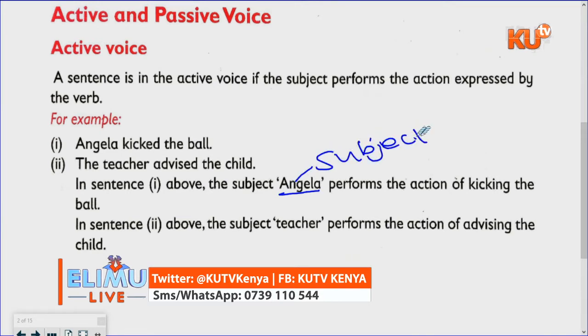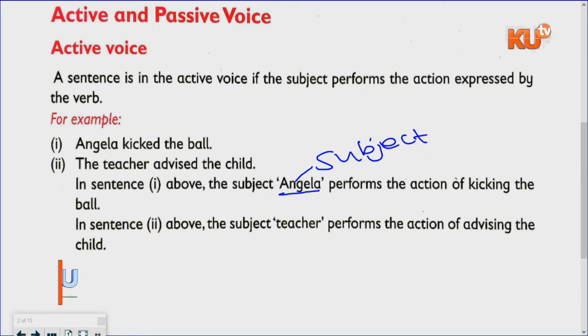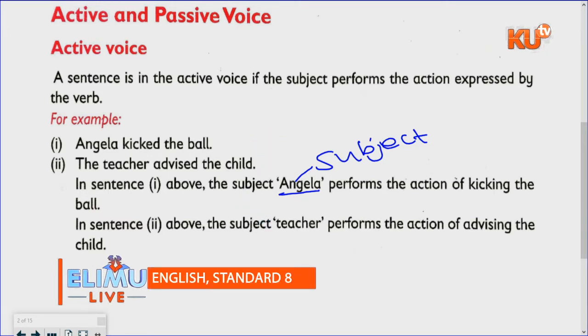The subject of that sentence performs the action of kicking the ball. In sentence 2 above, the subject is teacher. Teacher is the subject of that sentence. The teacher advised the child. He performed the action of advising the child.